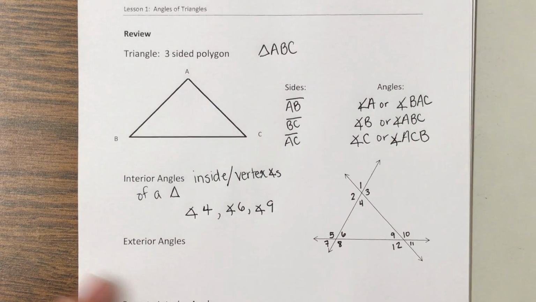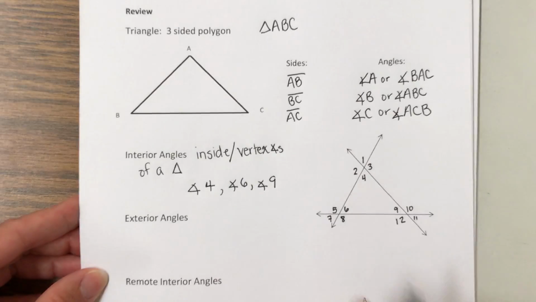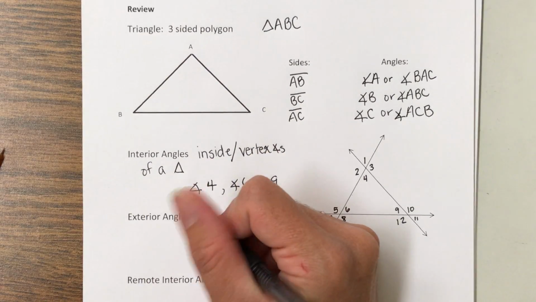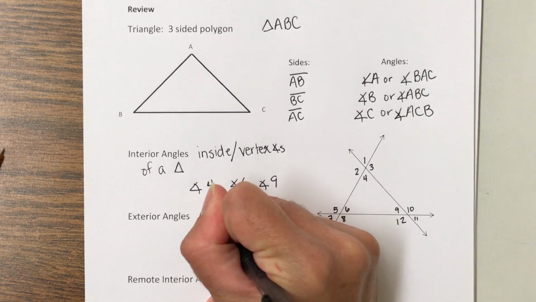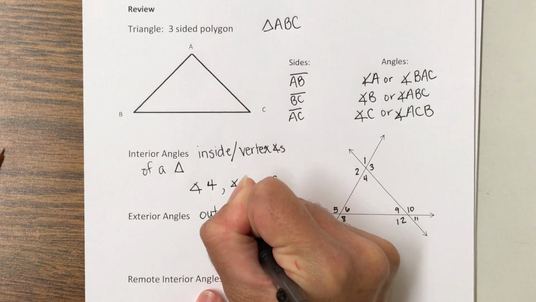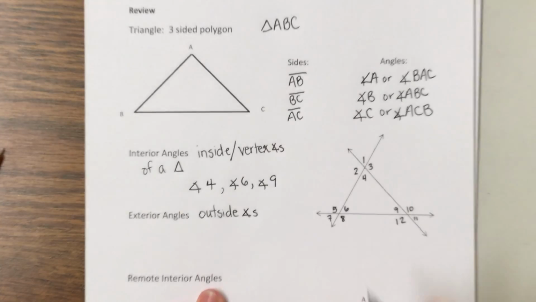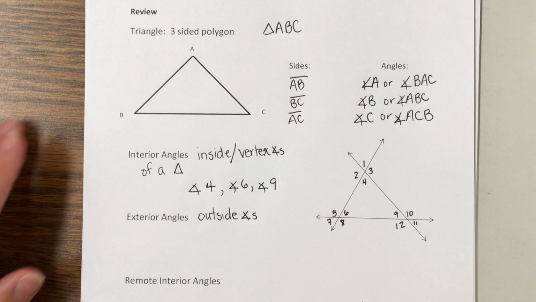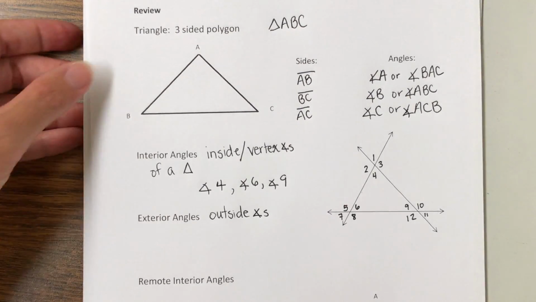Now, exterior angles are your outside angles of a triangle. But they're outside angles that form a linear pair with the interior angles.